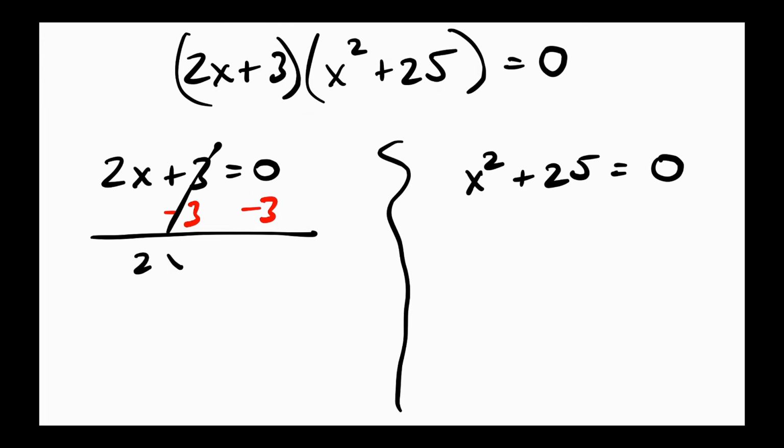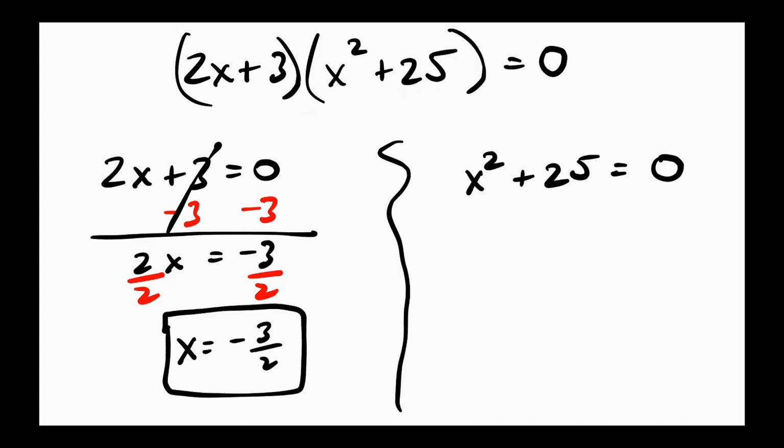So I get 2x equals negative 3. Divide both sides by 2. I get negative 3 over 2. Leave it as a fraction because it can't be reduced. Don't change it to a decimal, just reduce it.